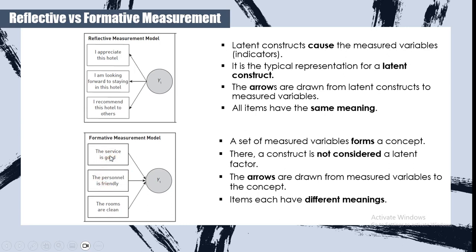Service is good indicates the service of a particular company. The personnel indicates the employee perspective. The rooms are clean indicates maybe the atmosphere. So that's why the items are different, and that's why it is a formative one. In the reflective one, the items or questions are kind of similar, because we are repeatedly using similar items. That's why it is a reflective one.